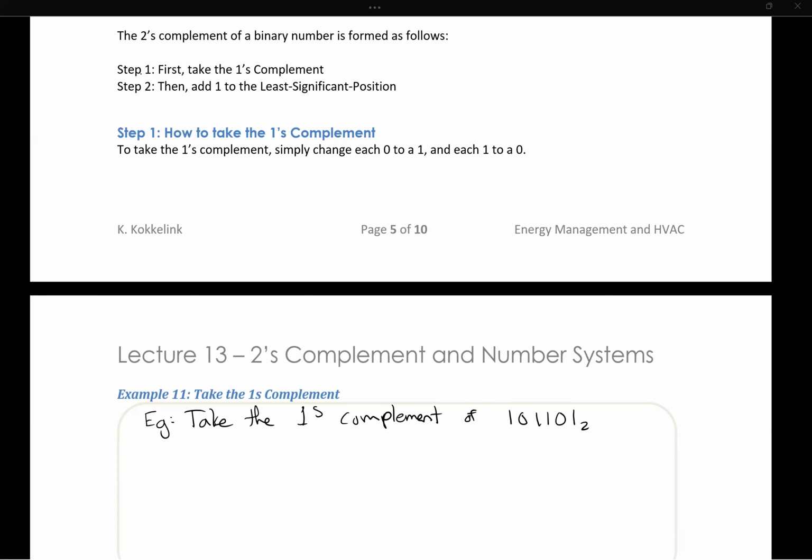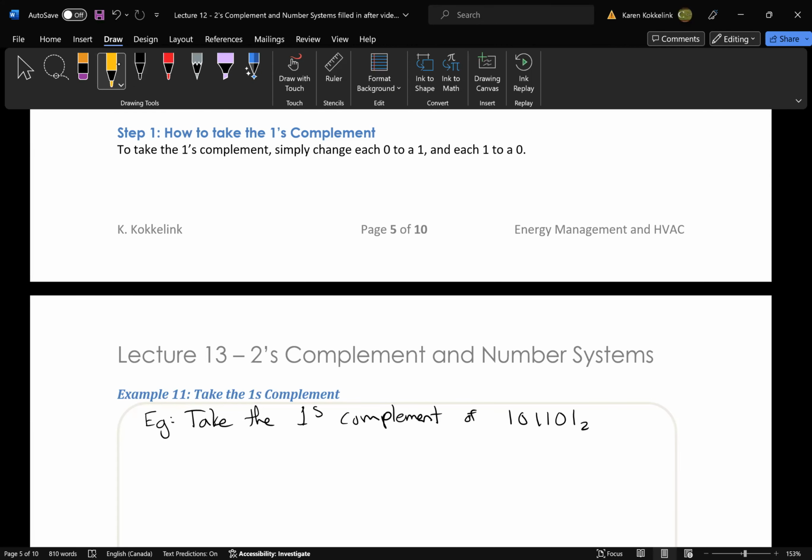Okay, so here I'm going to go even easier. I'm not even giving a decimal number. I'm giving a binary number. And all I'm going to have to do then is change the 1's to a 0, change the 0's to a 1.